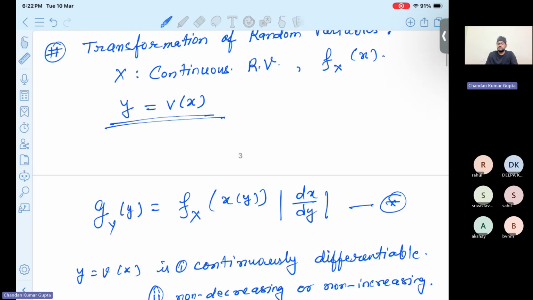Then the transformed PDF can be evaluated by the star equation.